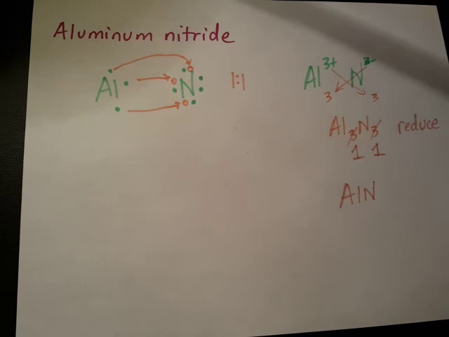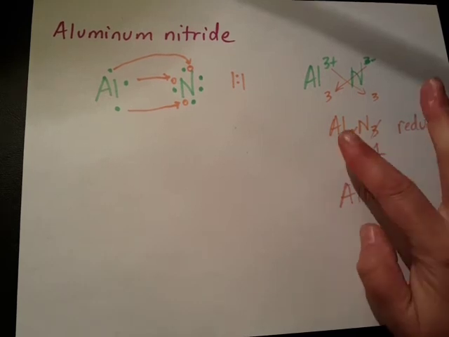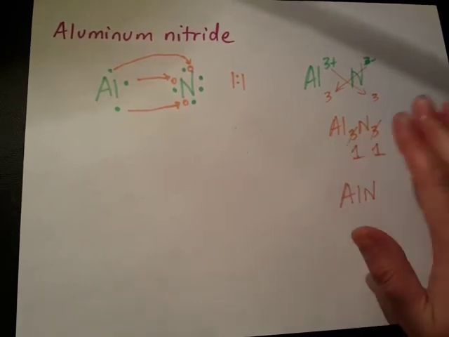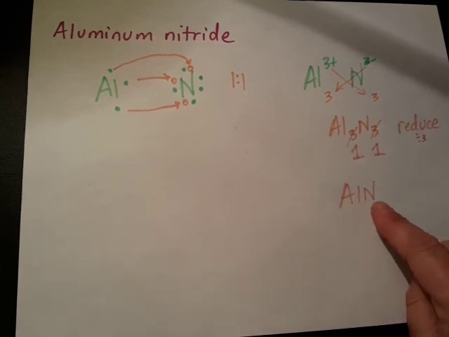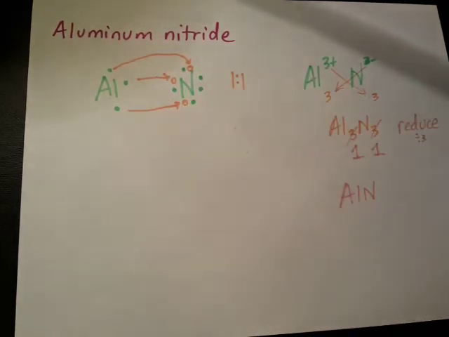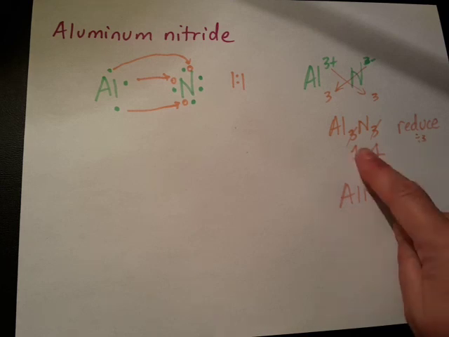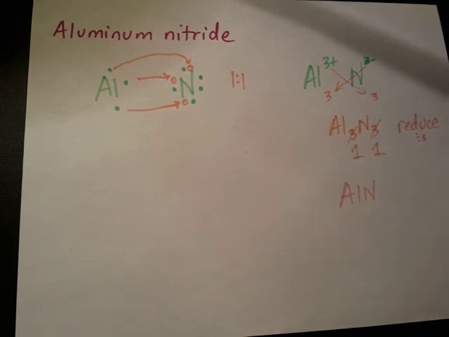So let's say you had 2 and 2, or 2 and 4, or 3 and 6, something like that. If there's any way to reduce, so in this case here I divided by 3, then you want to, because this is representing this 1-to-1 relationship. So in general, crisscross will absolutely work to create your ionic compounds, but just really be careful about the ones where you end up having to reduce.